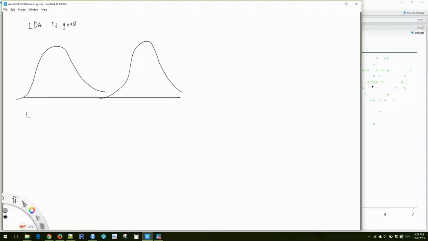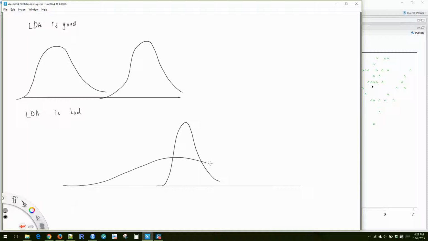Okay, LDA is bad if you've got something like this. Okay, because then in this case, both of them have kind of the same mean. A better model would probably do something like this.